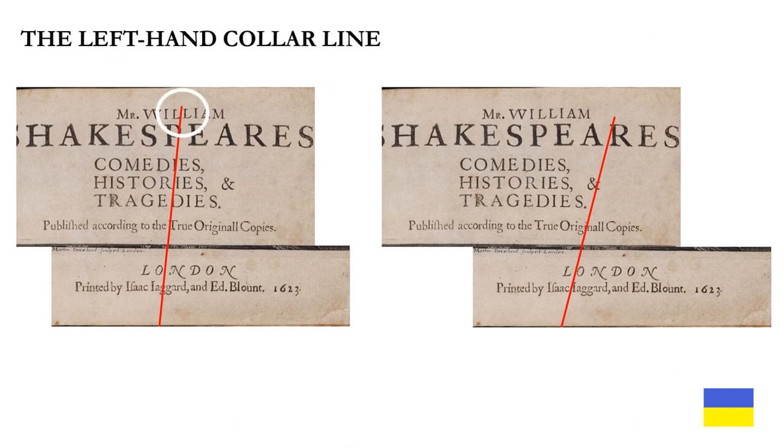The left-hand collar line goes straight between the two L's in William. The P in Shakespeare. Straight through the I in comedies. Goes directly between the R and the I in histories. Follows the upright arm of the D in tragedies.